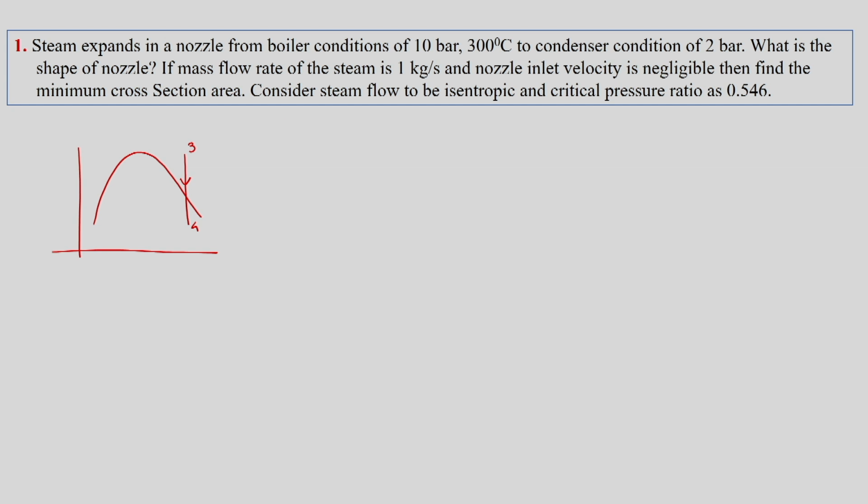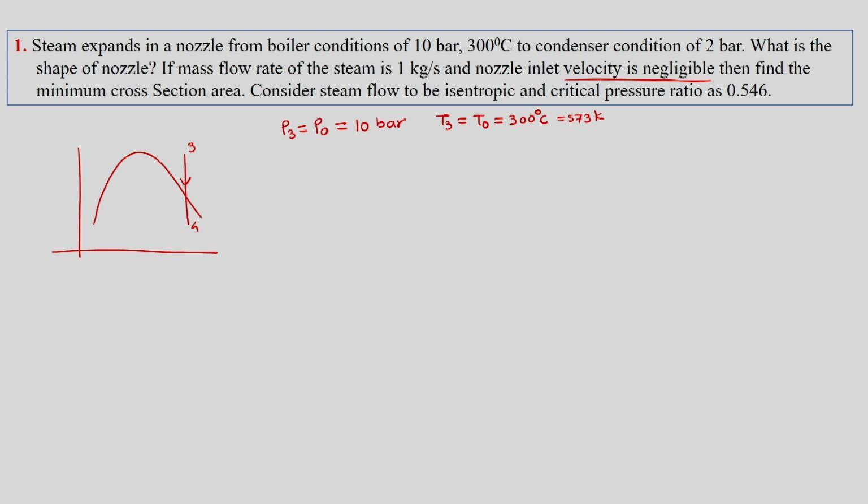The things given to us are: P3 is equal to the total condition, since we are told that velocity is negligible. So P3 is equal to P naught is equal to 10 bar, and T3 is equal to T naught is equal to 300 degrees Celsius. So 300 plus 273 is 573 Kelvin. So this is given to us.